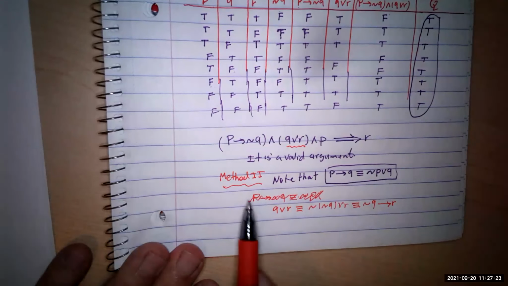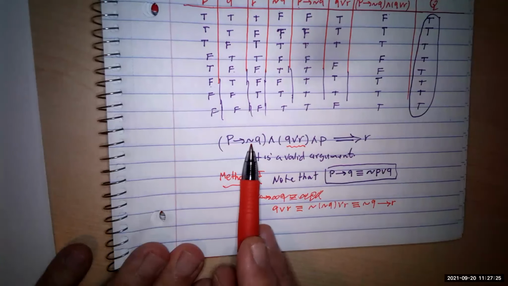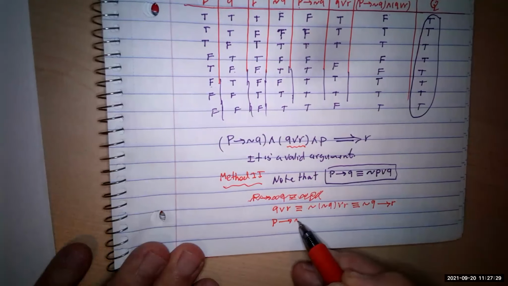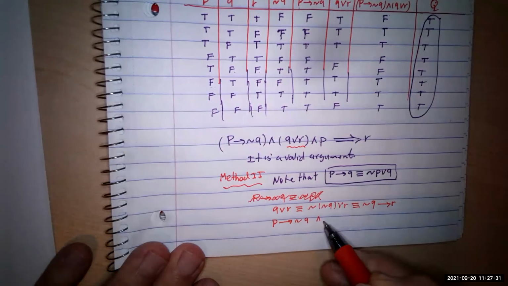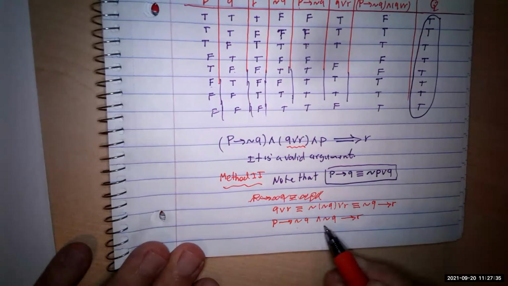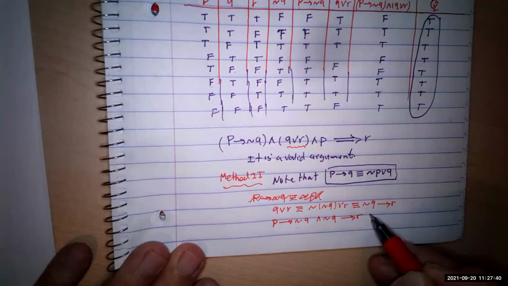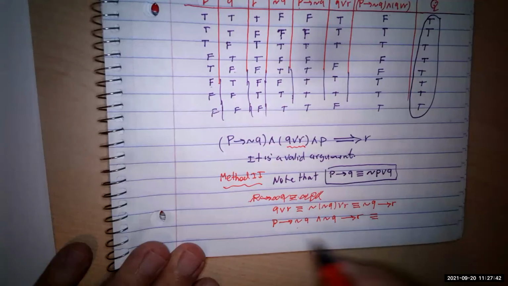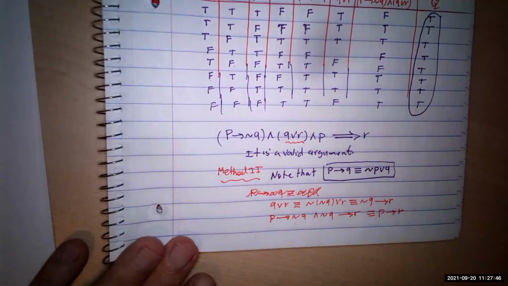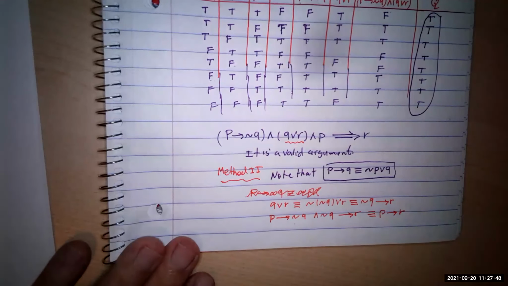Now put them together. What do you have over here? Now you have P implies not Q, and you have that not Q implies R. Remember that transitive one that we talked about? You drop the not Q, so this is going to be equivalent to P implies R. So I combined the first two.